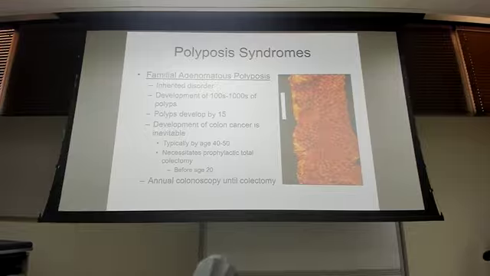It's usually inevitable, typically by 40 or 50 years old. And a lot of times, with this diagnosis, they're going to usually have a prophylactic total colectomy, sometimes before the age of 20, or else they will develop colon cancer, colorectal cancer.